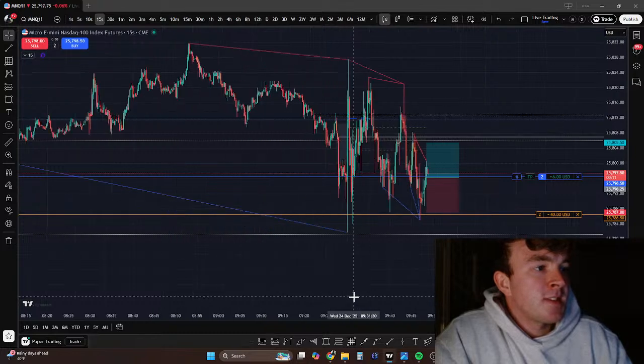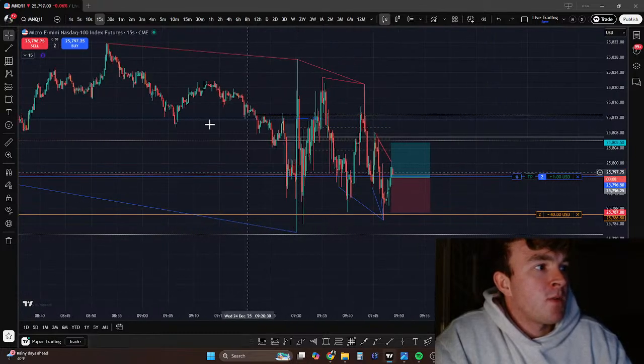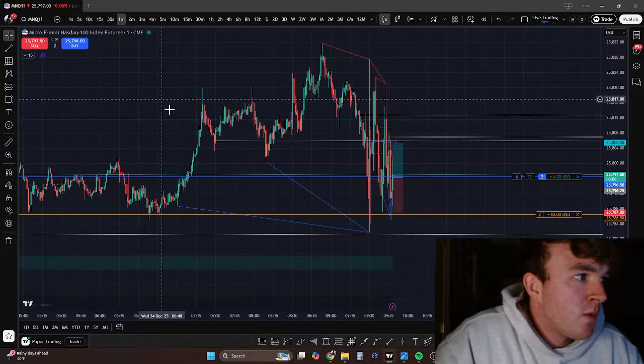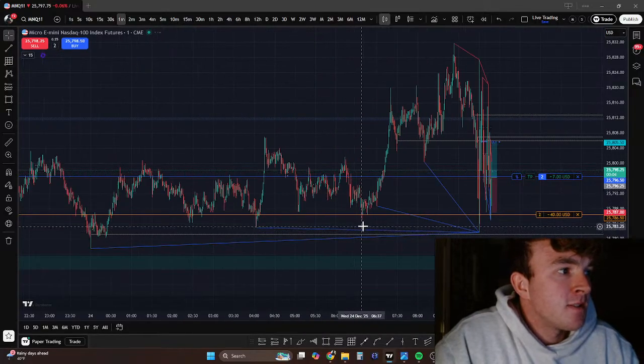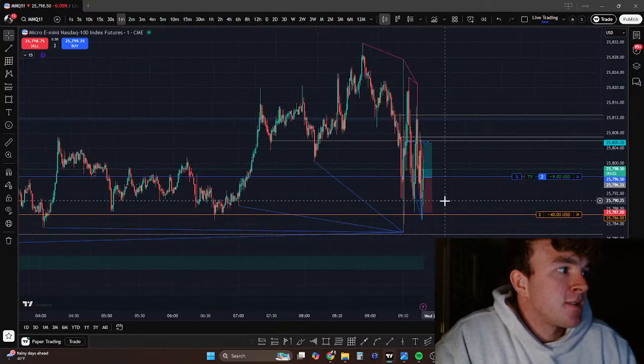So, 15-second change in state off of probably a 1 minute rejection block, a 1 minute fair value gap or something. Lots of SMTs.